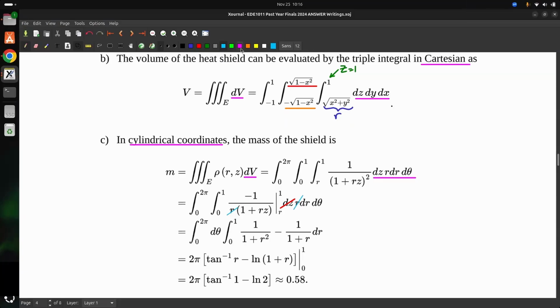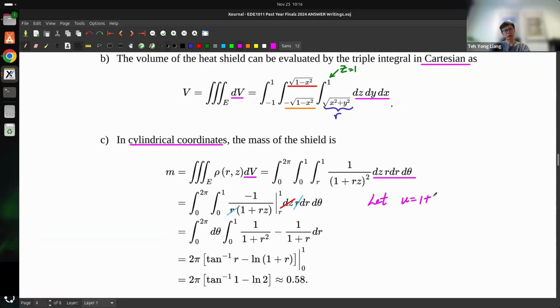If you use u substitution, you let u equal 1 plus rz. Then obviously du equals r dz. So therefore dz must be 1 over r du.